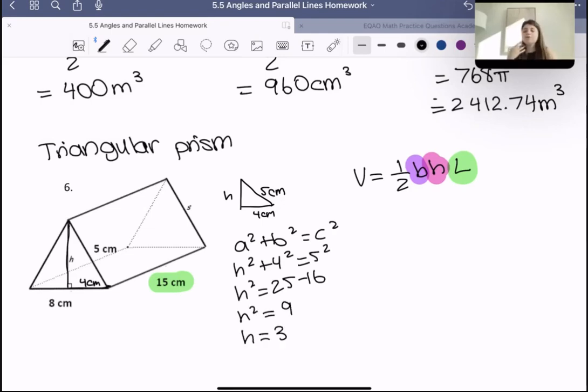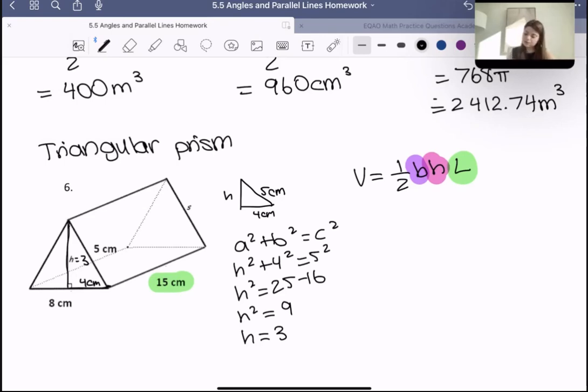Or it's also possible that you recognize this as just the classic 3, 4, 5 triangle and automatically put it in as 3, and that is fine as well. But either way, the height is equal to 3. And now I recognize it doesn't really look to scale, but that is the correct answer based on the information that we're given here. Good.